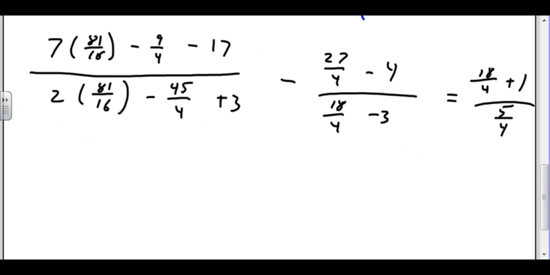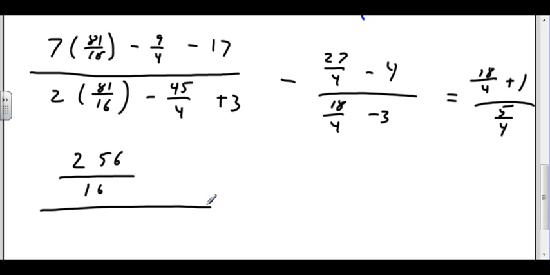Okay, so I got on top 7 times 81 divided by 16 minus 9 divided by 4 minus 17 equals 256 over 16, divided by 2 times 81 divided by 16 minus 45 divided by 4 plus 3 equals 15 over 8.